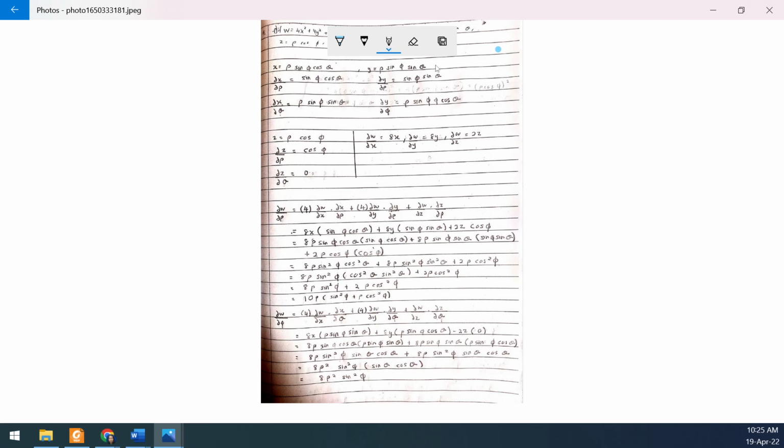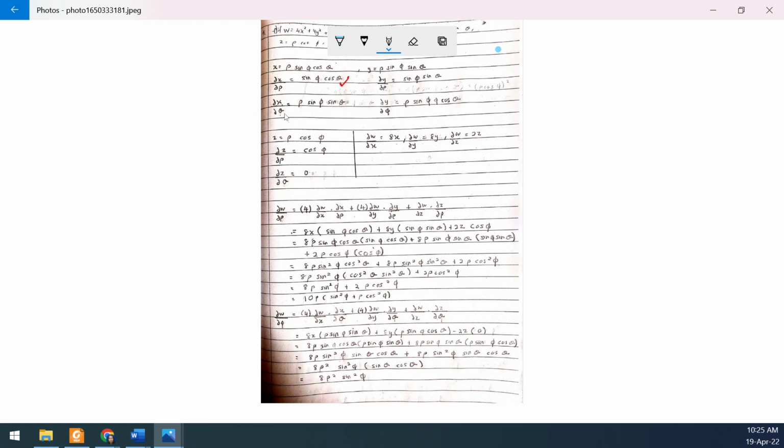Y is rho sin phi sin theta. Z is rho cos phi. This is the spherical coordinate convention. So ∂x/∂rho is sin phi cos theta, correct? They want to find what? ∂w/∂rho and ∂w/∂theta. So no need to find ∂x/∂phi, because they just want ∂w/∂rho and ∂w/∂theta. So you just need to find ∂x/∂rho and ∂x/∂theta.